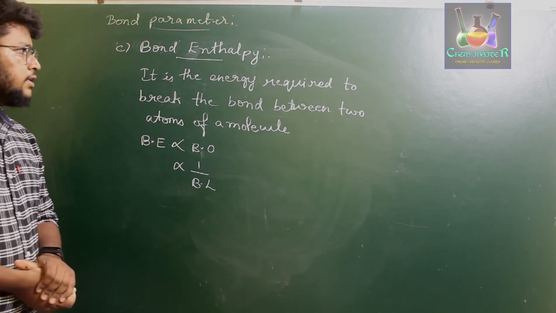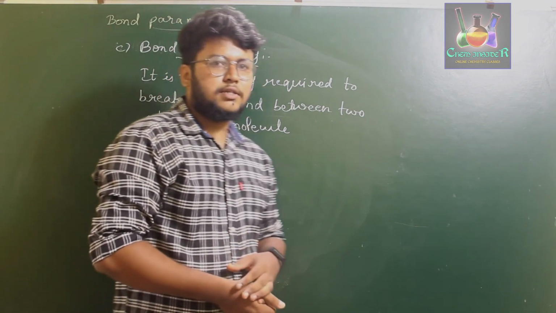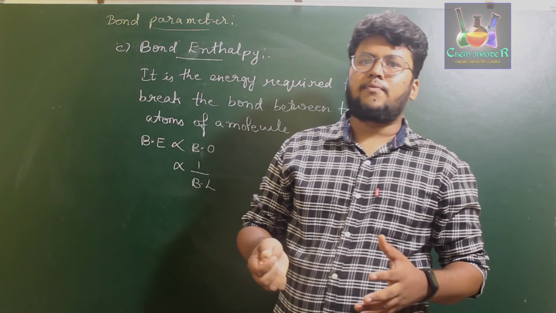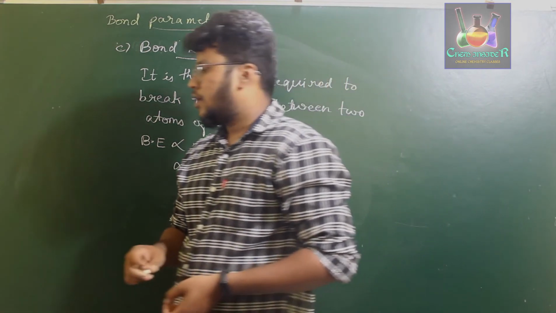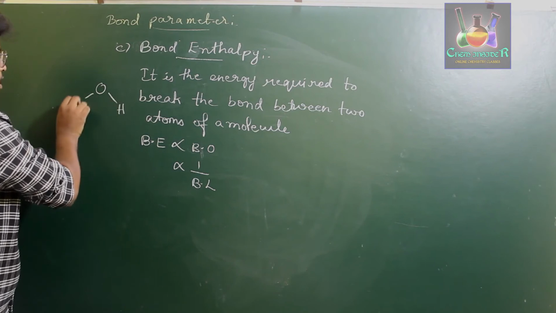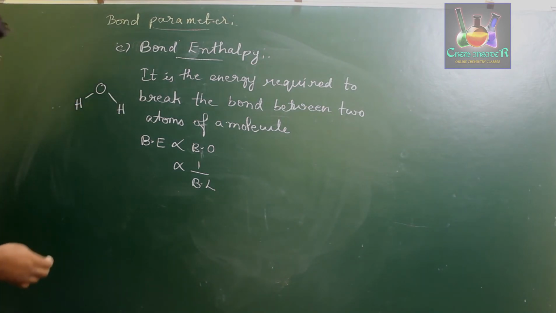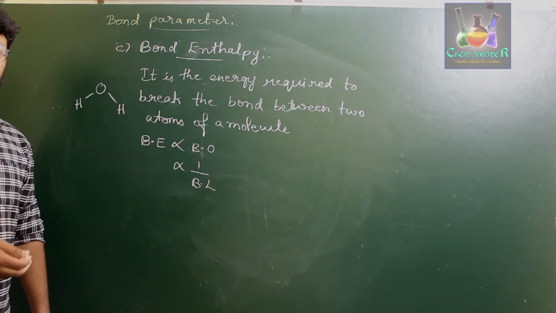Okay, and further, a specific clarification has to be made: bond enthalpies in a polyatomic system are not the same for all bond breaking. If you consider the water molecule, even though these two hydrogens have the same bond length with oxygen, these two oxygen-hydrogen bonds do not require the same bond enthalpy to be broken.